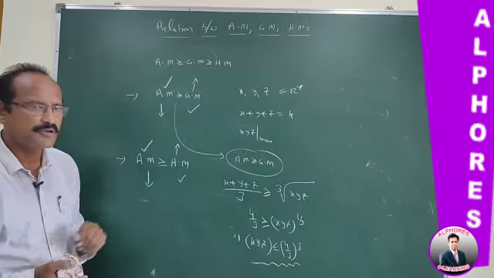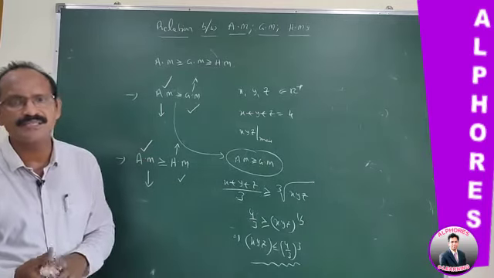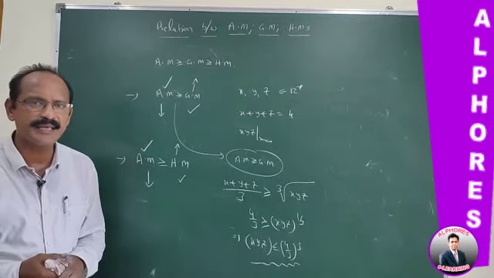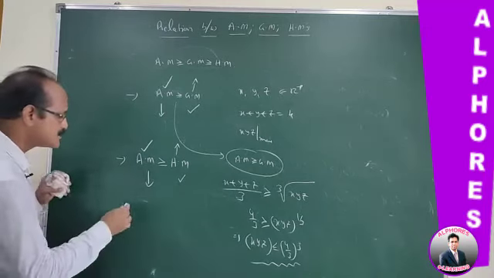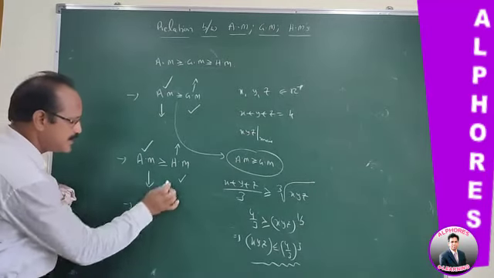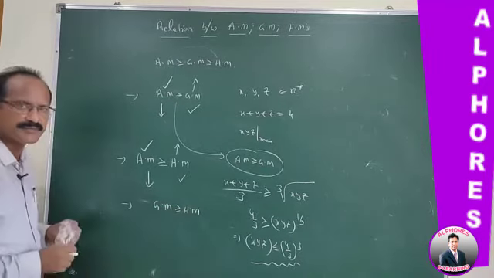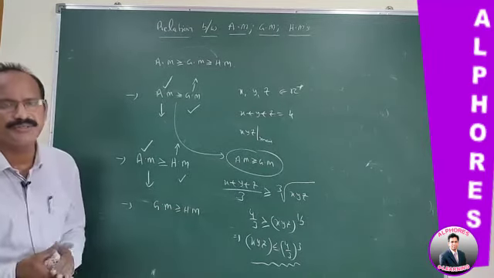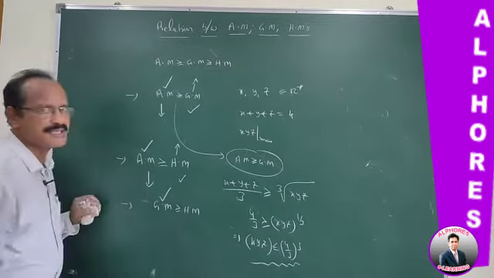Once again, when the sum of the reciprocals of some numbers is given, you can calculate the least value of their sum. And also, GM is greater than or equal to HM. This inequality is used when the product of numbers is given.